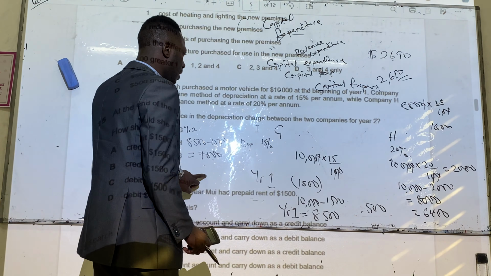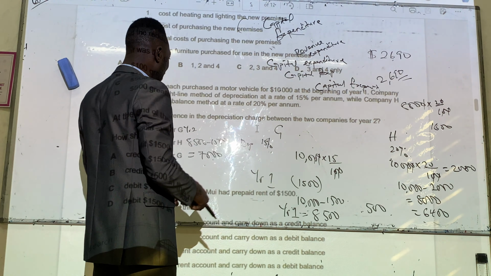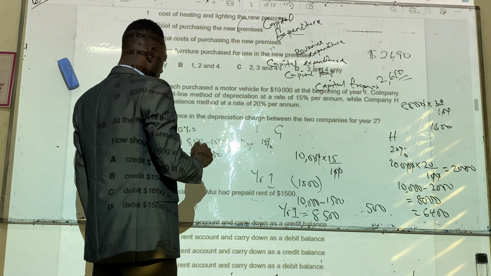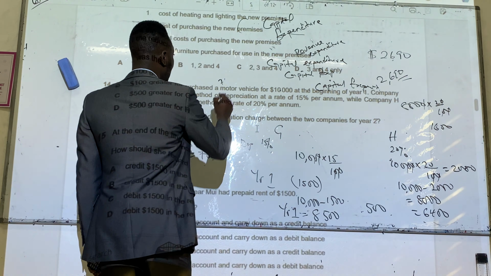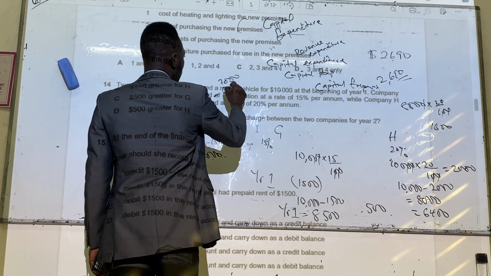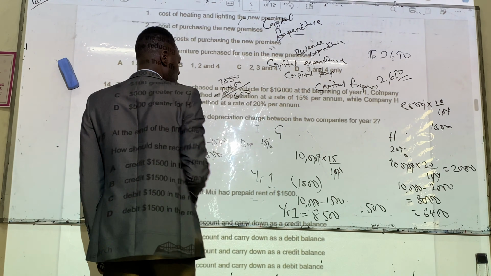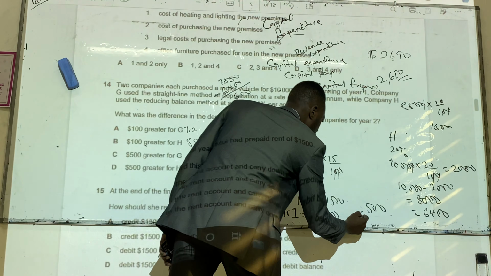So we have 7,000 for G and 6,400 for H. That's 7,000 minus 6,400, which is 600. So the difference for year two is 600.